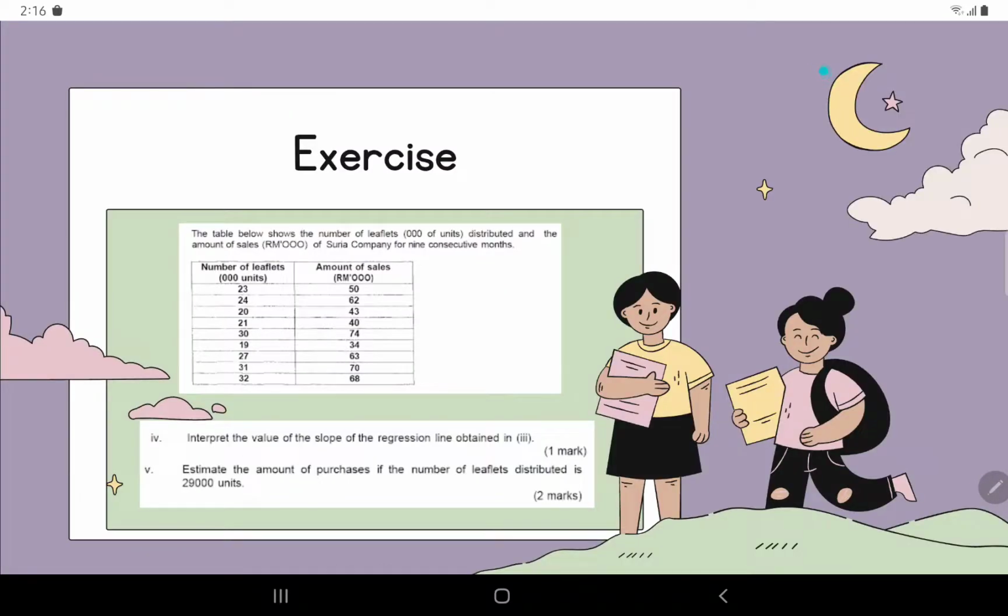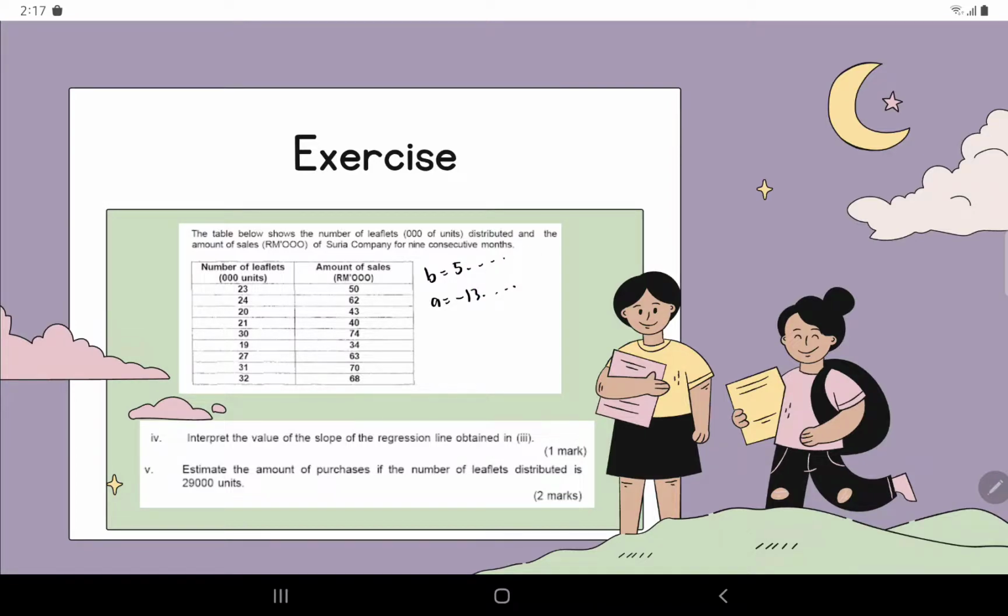Tapi you all boleh rewind video ni untuk tengok value of A and B. Yang saya ingat adalah A equal to negative 13 point something and B tak ingat berapa. So let's say the value of B is 5 point something.